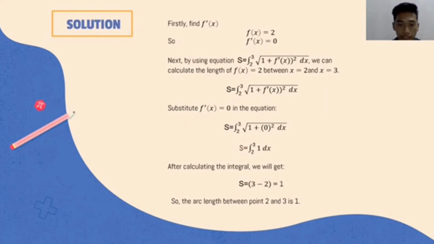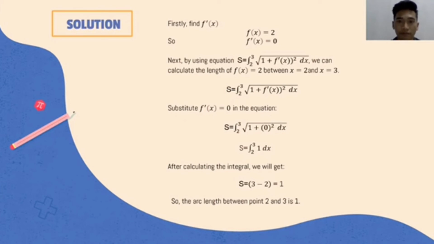After that, we integrate 1, so we will get x, and then lastly we substitute the values of 3 and 2 in x and subtract, and we will get 1. So the arc length between point 2 and 3 is 1. For the next slide, Lizin will explain question 2.